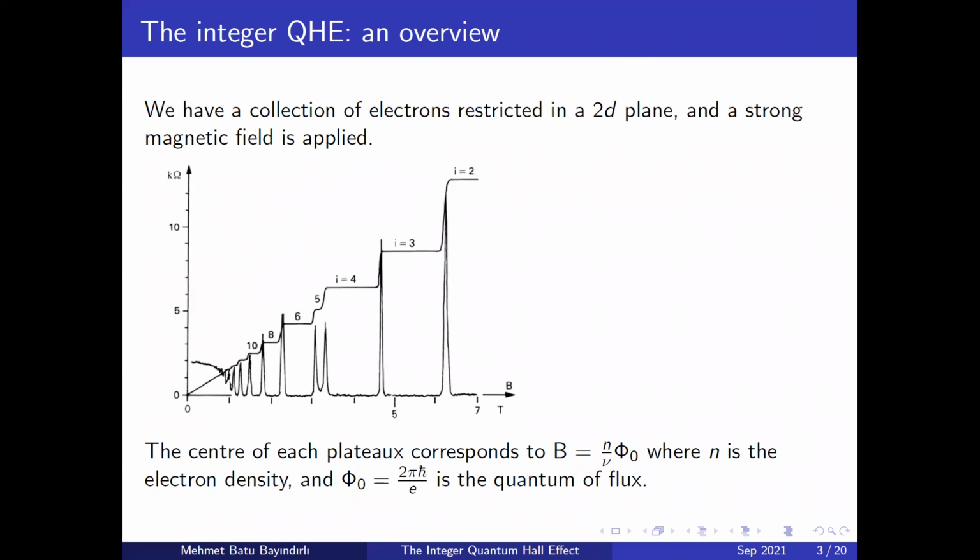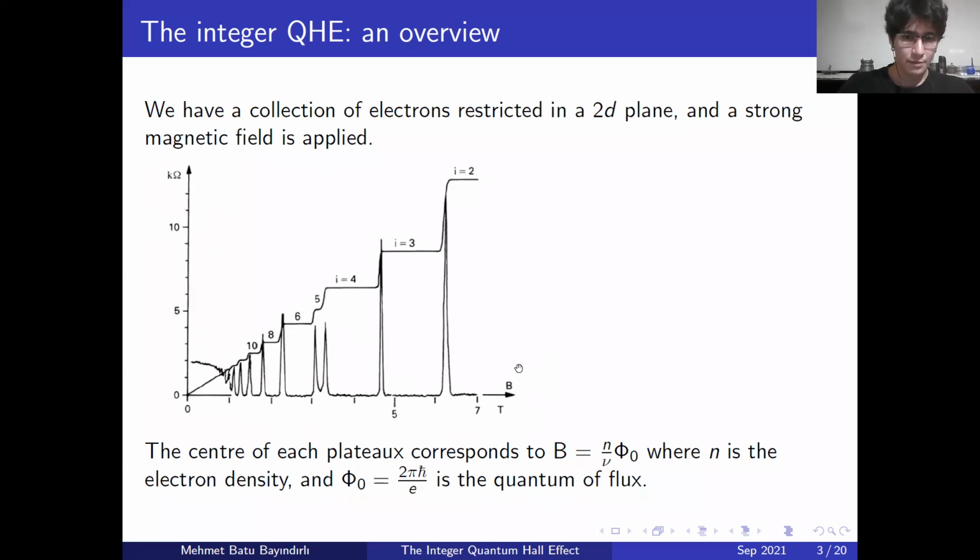This effect was first observed experimentally in 1980, and here we see a graph from the original paper. So we have the transverse resistivity and the magnetic field.